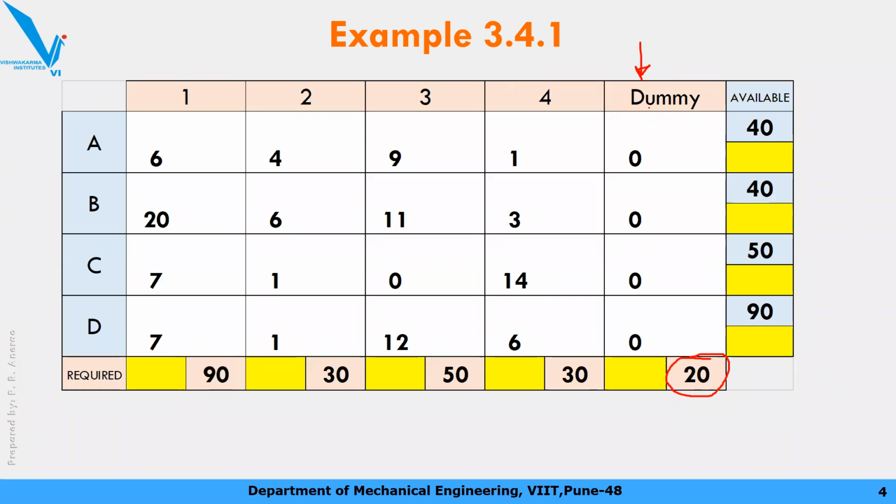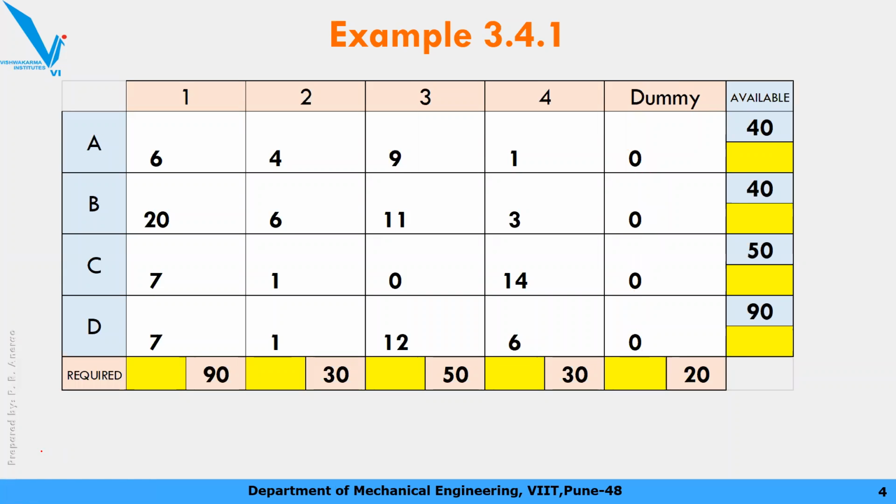Now, as this is a dummy one, from a factory to a dummy store we are going to transport some amount of component whose transportation cost will be zero, because it's a dummy one. So we assigned the transportation cost as zero.